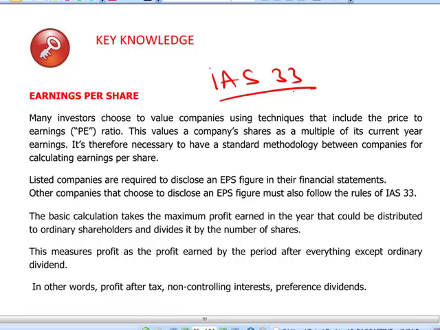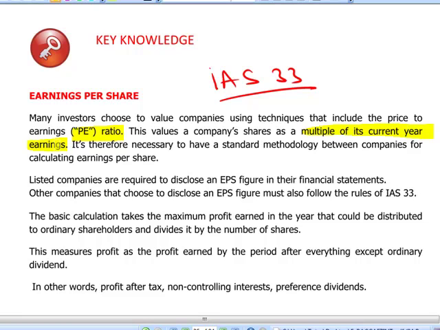So many investors, financial institutions or financial advisors will choose to value a company by a price earnings ratio, meaning divide the share price over the earnings per share, and you evaluate the company by reference to a multiple of its current year earnings.